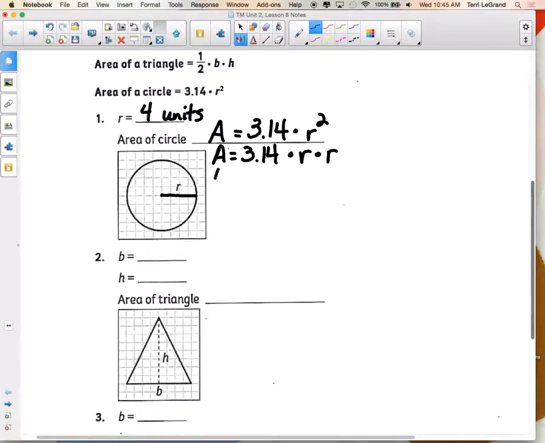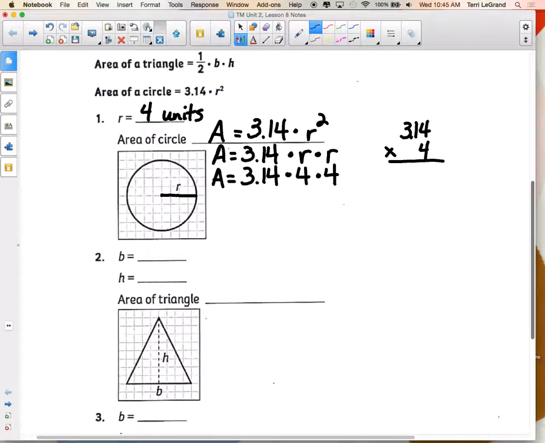Okay, so area equals, we're going to do a substitution step because we know how long r is, right? We're going to put what in for r? 4. So we have 3.14 times 4 times 4. Okay, we've been doing lots of multiplying with decimals, so let's go over here off to the side and let's take 3.14 times 4.